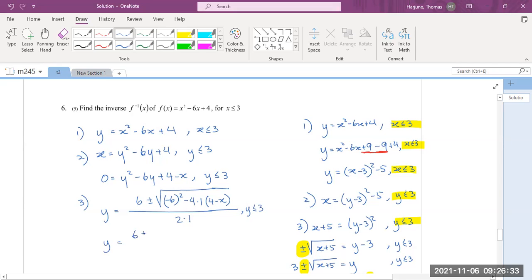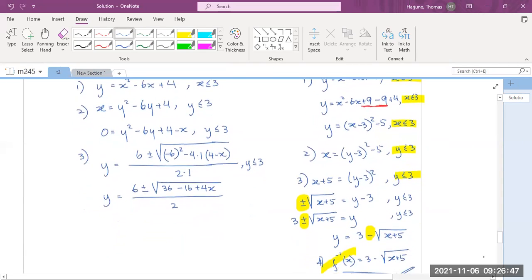So 6 plus or minus the square root of 36 minus 16 plus 4x, over 2, where y has to be less than or equal to 3. y equals 6 plus or minus the square root of 20 plus 4x, over 2, where y is less than or equal to 3.